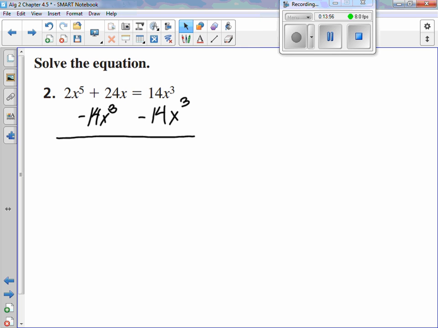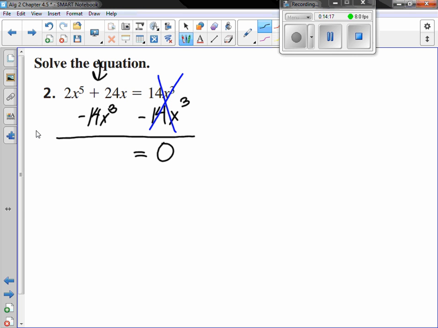Now 14x cubed and 14x cubed are going to cancel out. Now looking on this side over here, 2x to the 5th and 24x and negative 14x cubed, none of these are like terms because they don't have a variable with the same power. So nothing will combine.